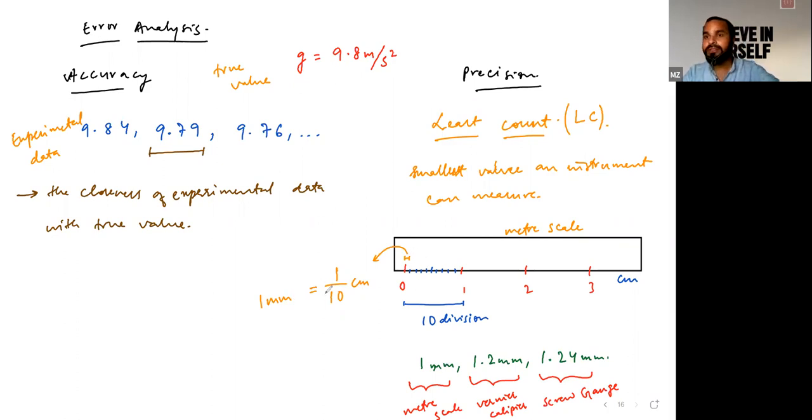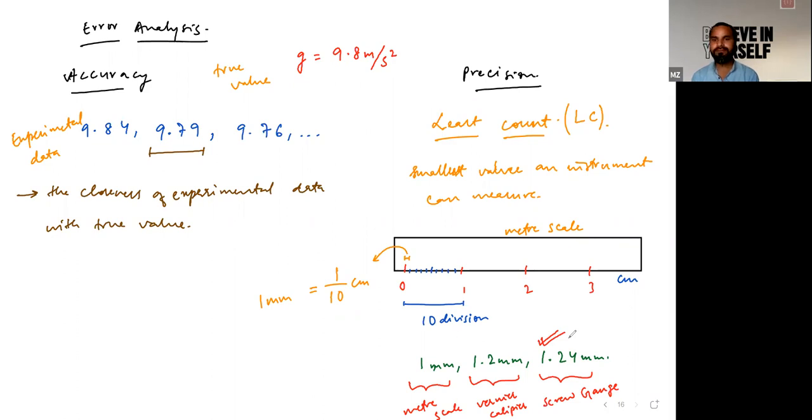So it can't measure beyond or smaller than 1 mm. So it will give you just one digit, but using a vernier caliper, it gives you two digits, and in terms of a screw gauge, it will give you three different digits. And on the basis of the number of digits, we define precision. So in these three different calculations, we can say this is the most precise measurement.